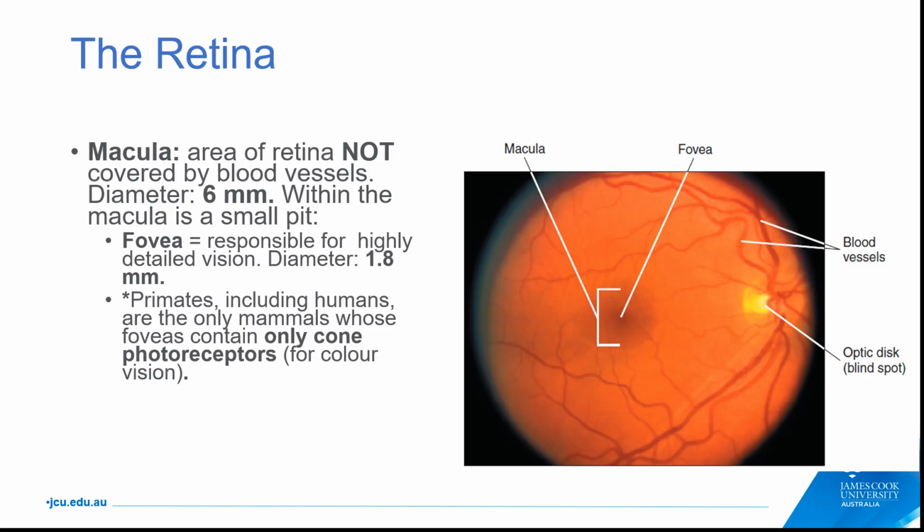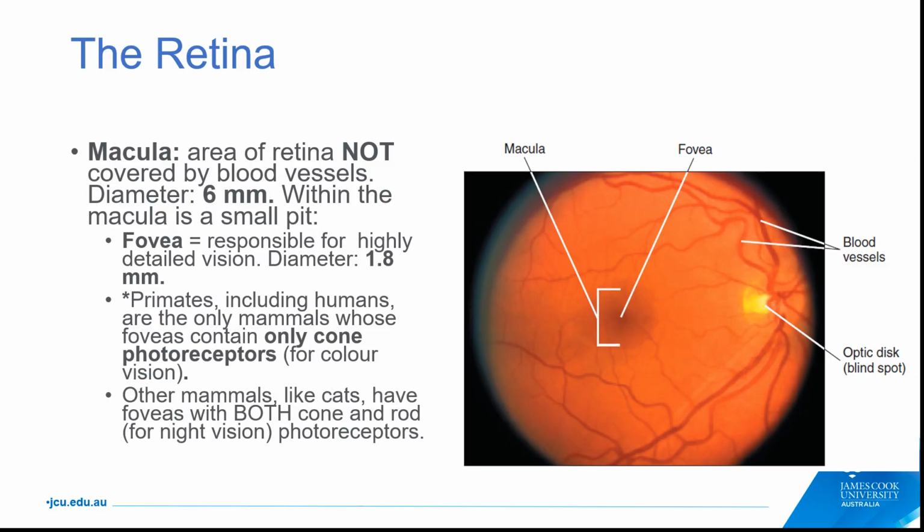So we don't really have rods in our fovea. Take note of that. Other mammals like cats have foveas with both cones and rods. So their night vision is better, but unfortunately, because they don't have as many cones as we do, their color vision is not as good as ours. It applies to cats, and to dogs as well.